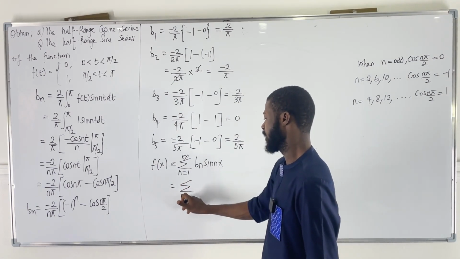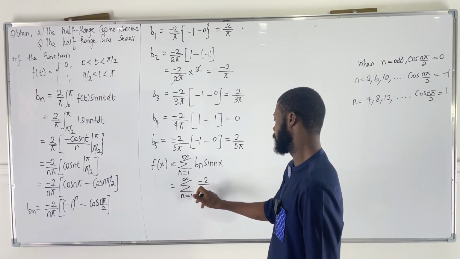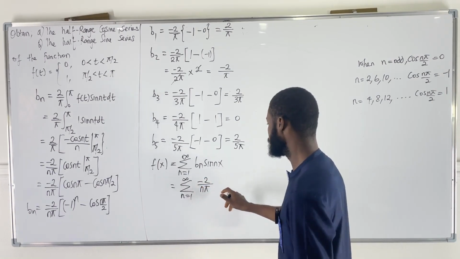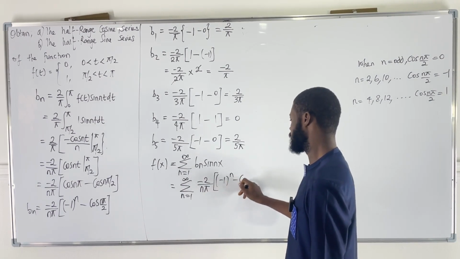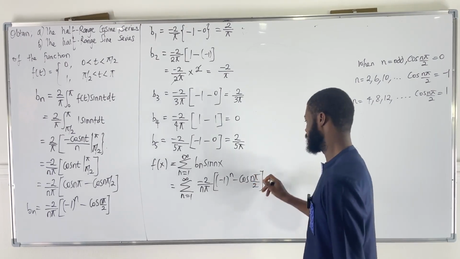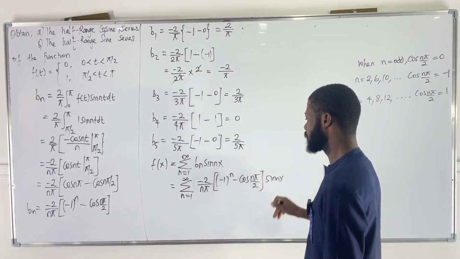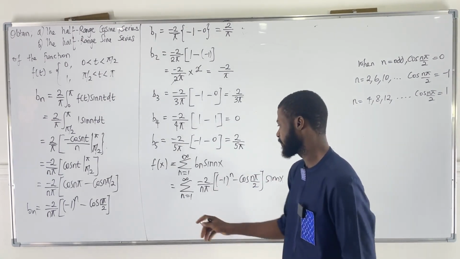So the sum from n equal to 1 to infinity. Now b sub n is minus 2 over n pi, then we have minus 1 to the power of n minus cos n pi over 2, sine nx. So this is what your Fourier series will look like in terms of n.